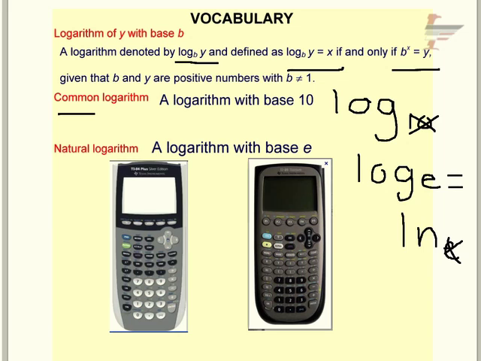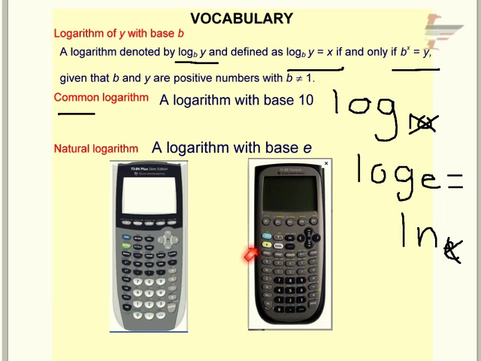If you have an 83 or an 84, and I know my calculators are kind of small here, your log button is right to the left of 7, and your natural log button is right to the left of 4. So log and ln are your log and natural log buttons. On the 89, your natural log button is in blue above x, and your log button is actually a hidden key, and I believe it's diamond 7.